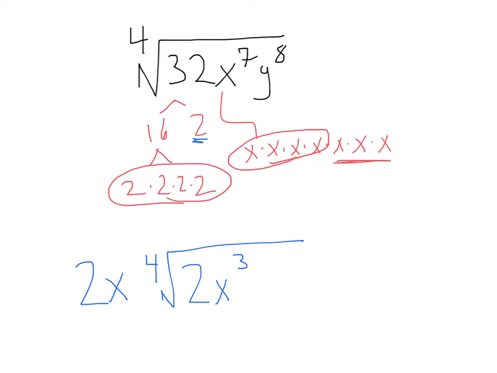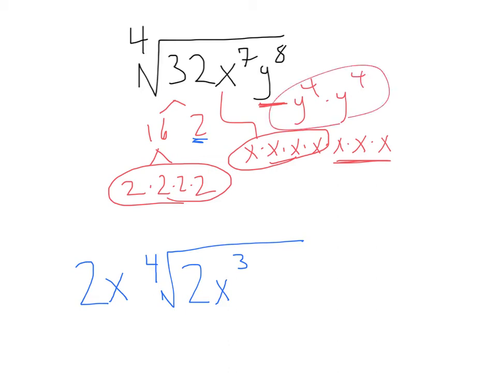Now looking at this y here, I know I'm going to be looking for groups of 4. I don't have to write out y times y times y times y 8 times, but I know y to the 8th is going to have 2 different groups of 4s.